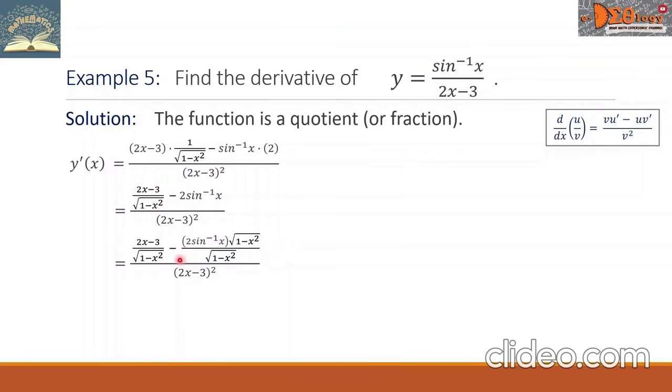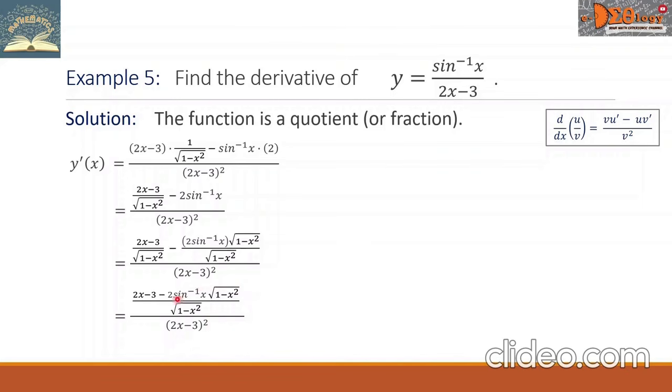And then, we can see that the two fractions are like. Now, we can combine them. So we have 2x minus 3 minus 2 sine inverse x times the square root of 1 minus x squared, all over the square root of 1 minus x squared, all over the square of the quantity 2x minus 3.